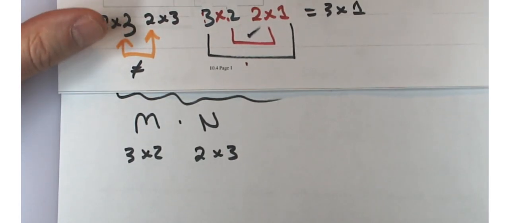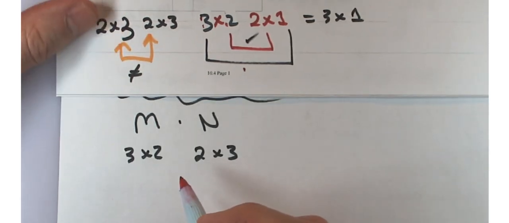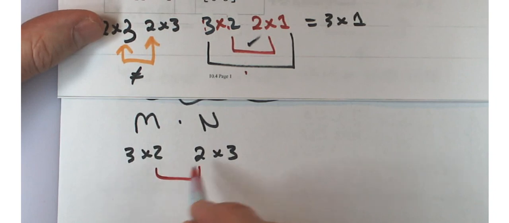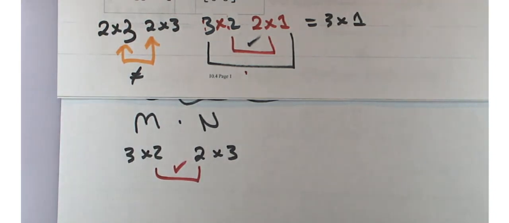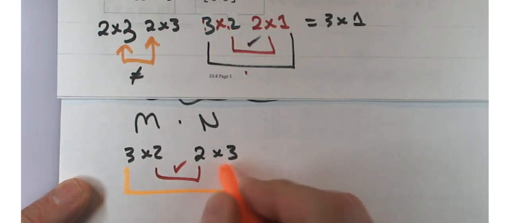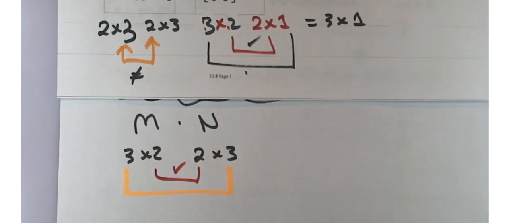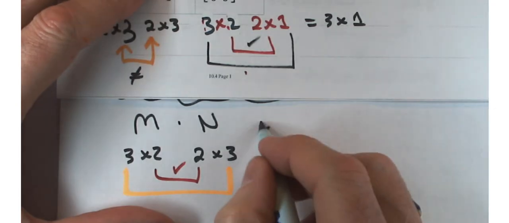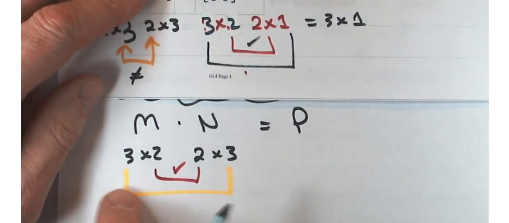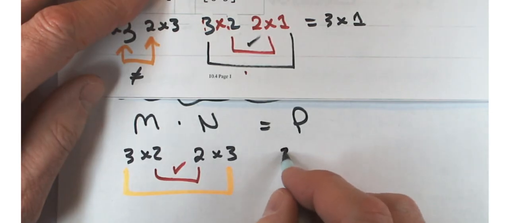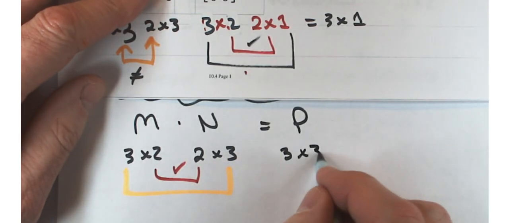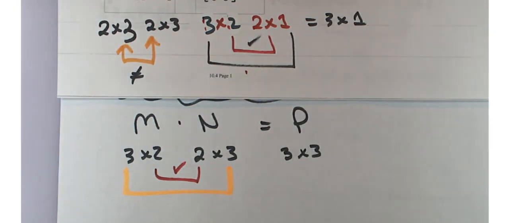Millie, what do you think? I'd say yes, we can. And what's going to be the size of the product when I multiply those together? Call that product maybe P. What are the dimensions of that product going to be? 3 by 3. That's going to be the dimensions of your product.